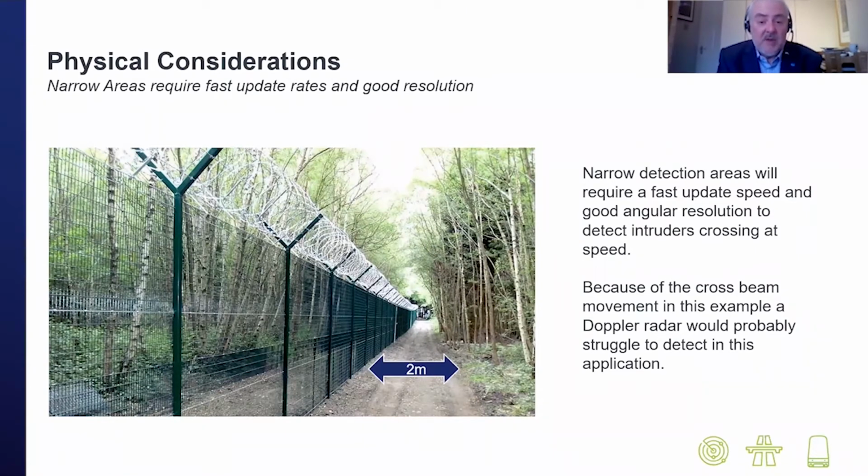And because of the cross beam movement in this example, a Doppler radar would really struggle to detect anything going directly across the field of view, because they have to change distance from the radar set. They're reliant on movement either towards or away from the Doppler radar. FMCW radars work in a different way, and they will detect even stationary objects.